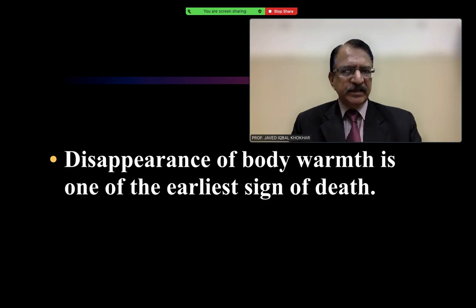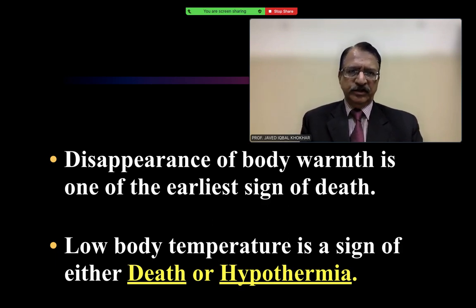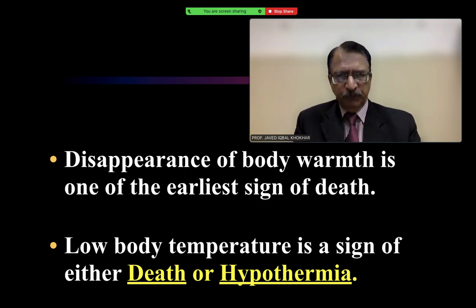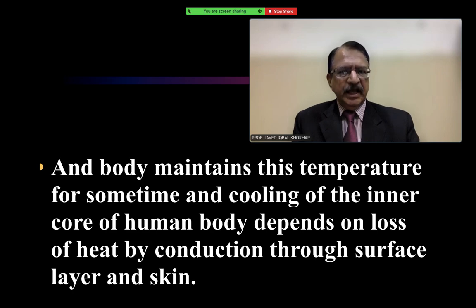So, disappearance of the heat of the body is one of the earliest signs, and low temperature can also be because of death or because of hypothermia, and we have to make a distinction between these two. During life, the normal temperature is 98.6 degrees Fahrenheit or 37 degrees Celsius, and this temperature is maintained for some time after death.